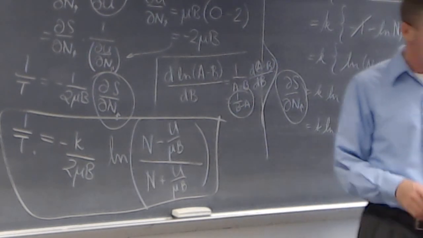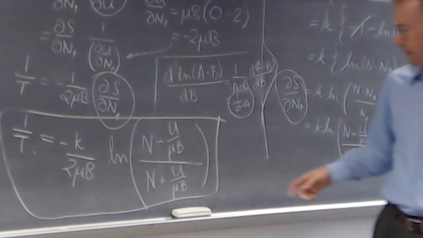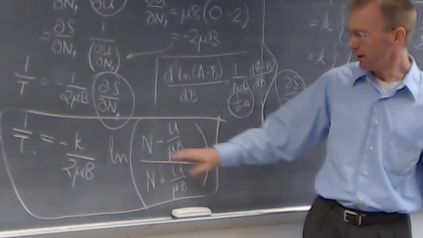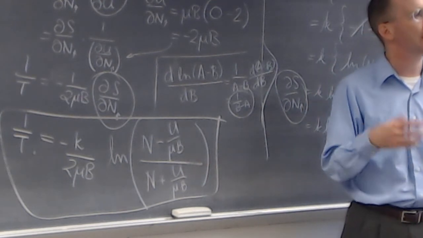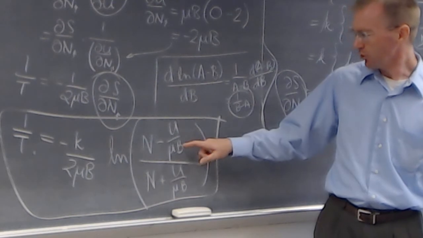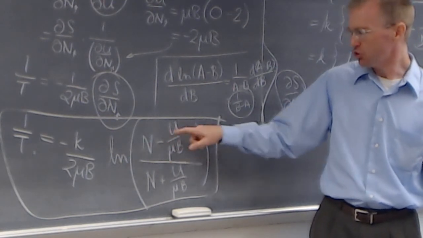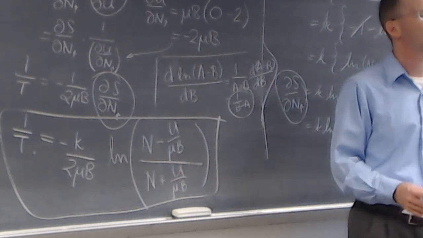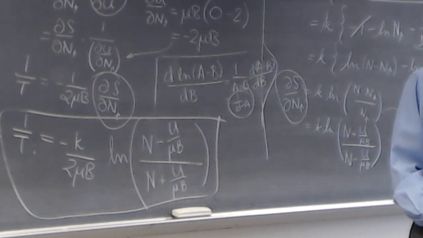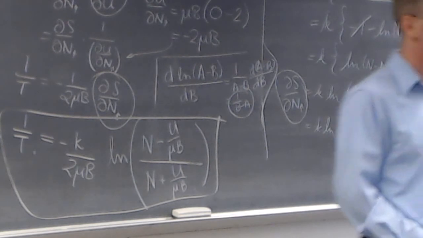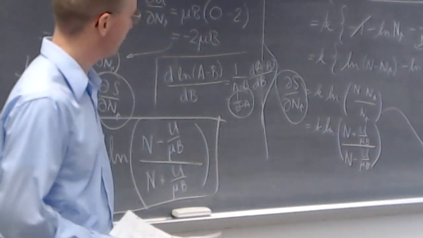And what I'm going to show you, in the next lesson, is that when you have this natural log, we're going to exponentiate both sides later on. And we're going to wind up with an exponential here with that minus sign over an exponential here with that positive sign. And we're going to get a hyperbolic trig function, which is going to give us some weird properties for the system. But that's as far as I'll take it today.